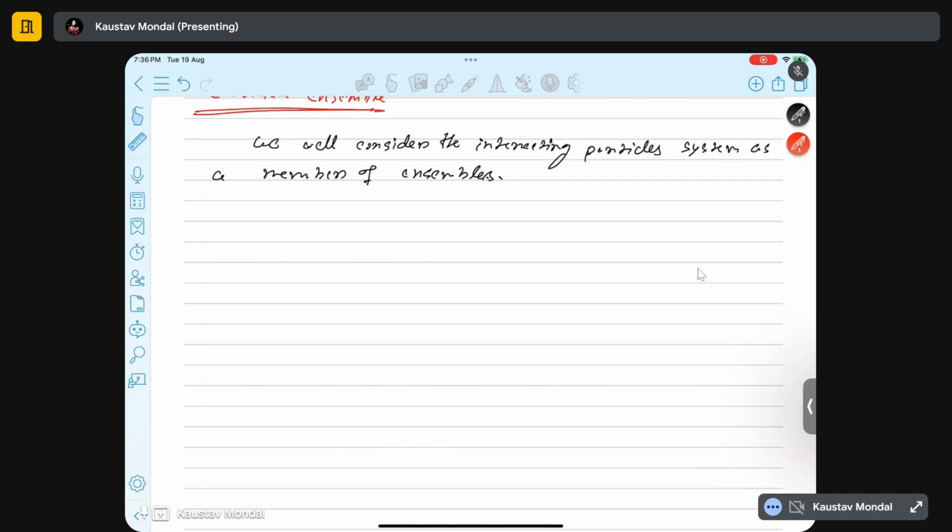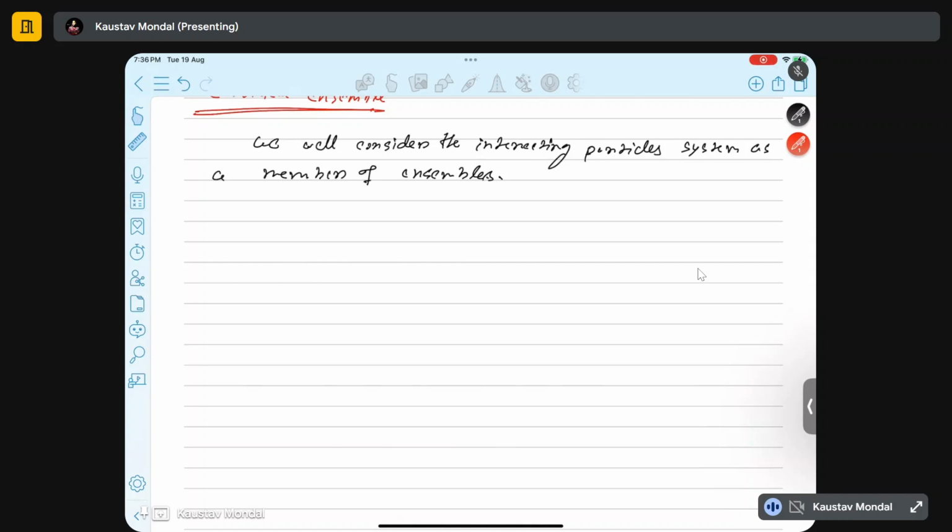So we will consider all of the possible energy values of the ensemble, put them together, and check which configuration is the most probable configuration.